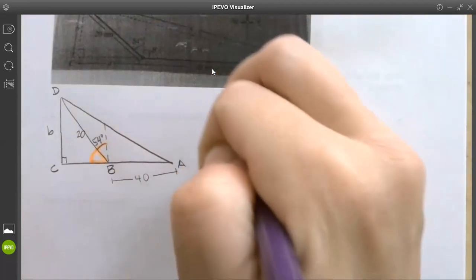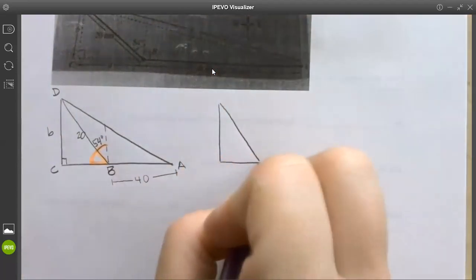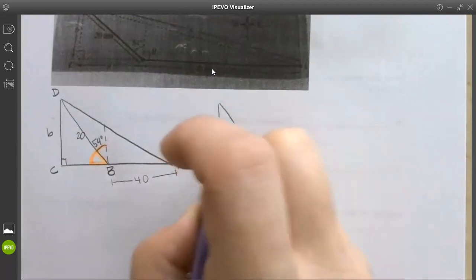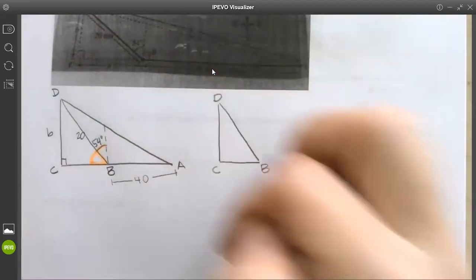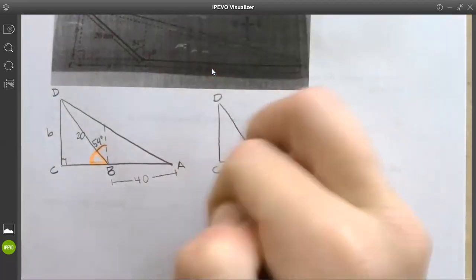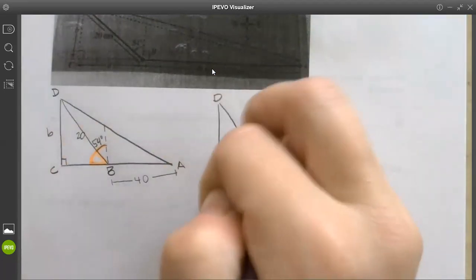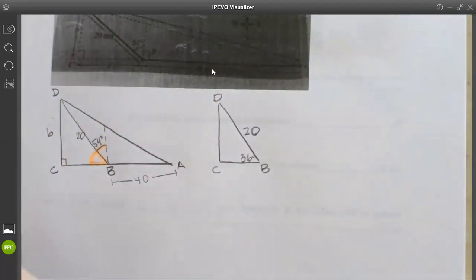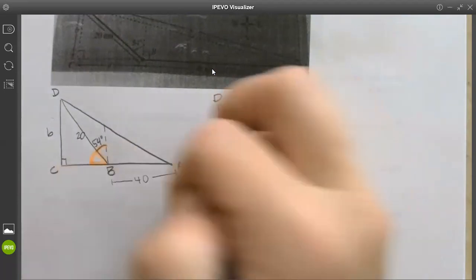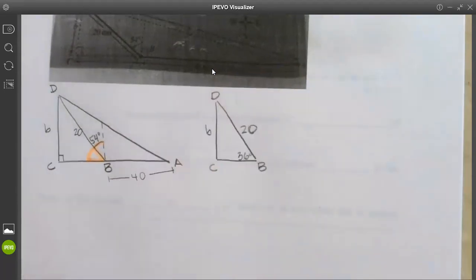So now I'm going to redraw little b, C, and D. This angle is 36. We know that that hypotenuse is 20. We don't know what little b is. How do I figure out little b? What two sides do I have compared to the angle?